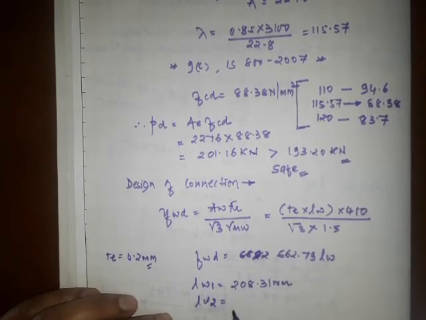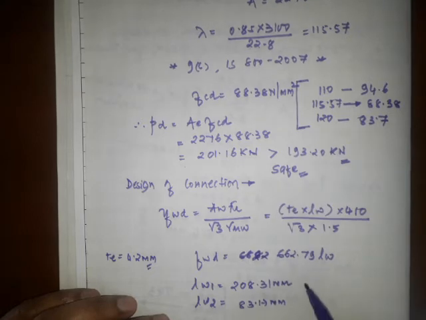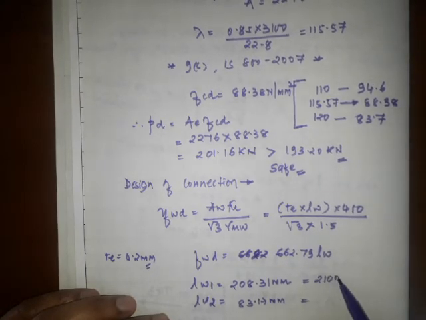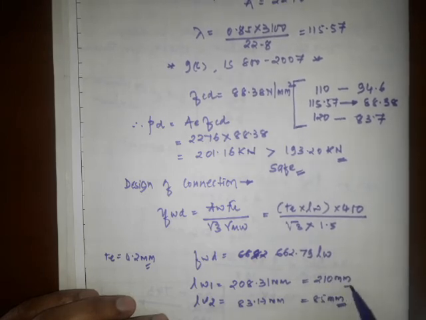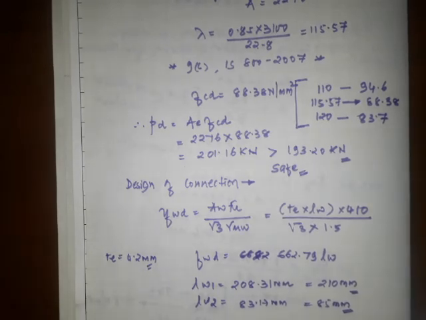Then next we get here 83.17. As I told you, you have to round that off again. We can round up, so here it is 210 mm and here it is 85 mm. For higher values, you have to utilize that.